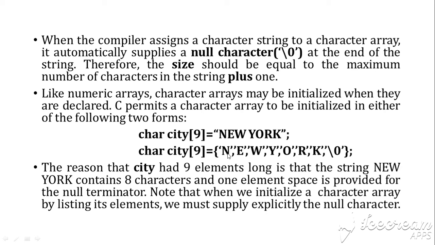The individual character constants constituting the prior string would be N, E, W, Y, O, R, K, followed by a null character. The only difference is when you initialize it with a string, you need not append a null character, whereas individual character constants used to initialize the string require appending of a null character at the last position.